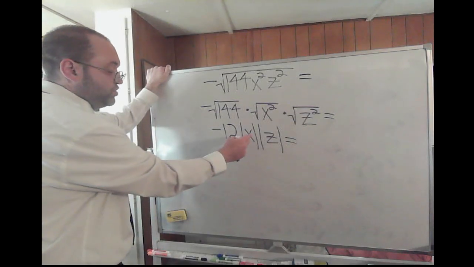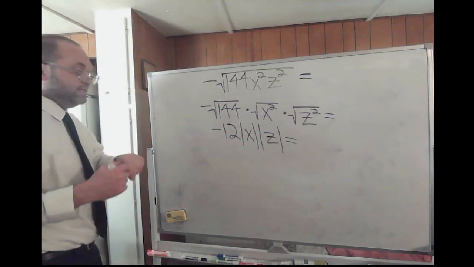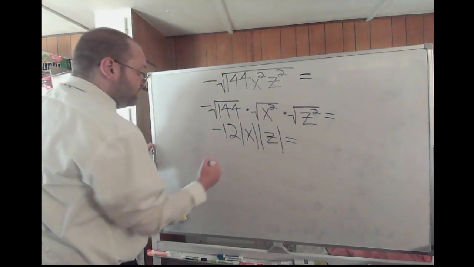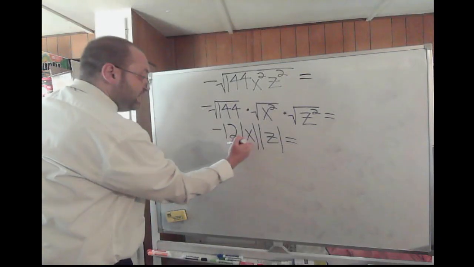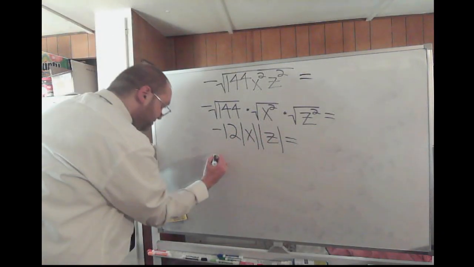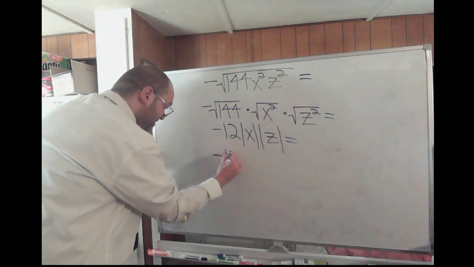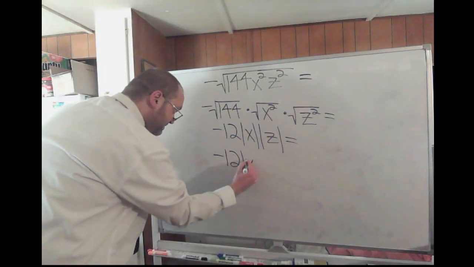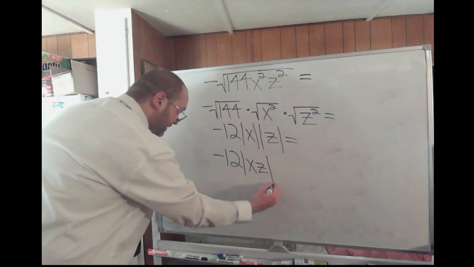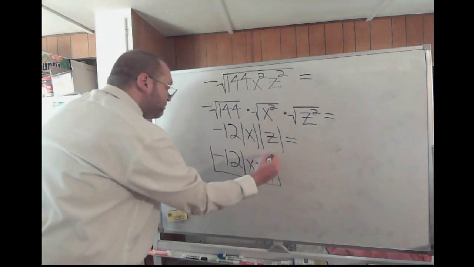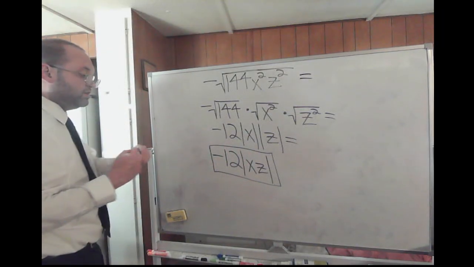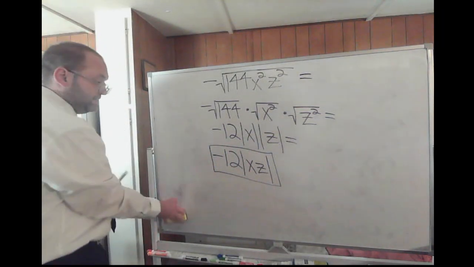That way, no matter what values of x and z you put in, you get a negative answer. Negative 12 times the absolute value of x times the absolute value of z can be simplified as negative 12 times the absolute value of xz. And that would be your answer.